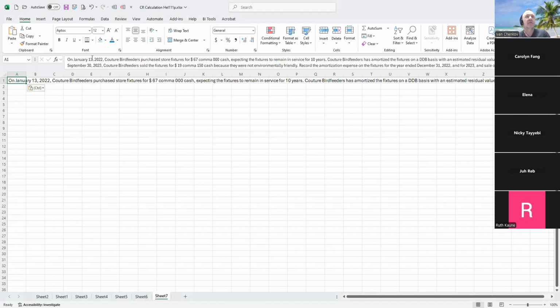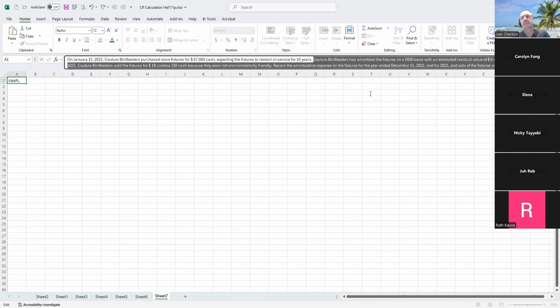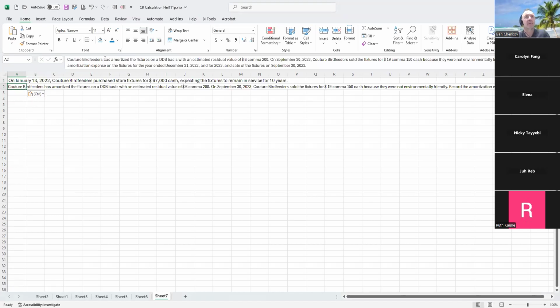Okay, on January 13, this company purchased a store fixture for $67,000 cash, expecting the furniture to remain in service for 10 years. The company has amortized the fixtures on DDB. What's that?